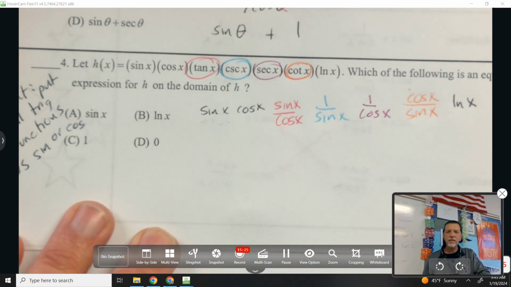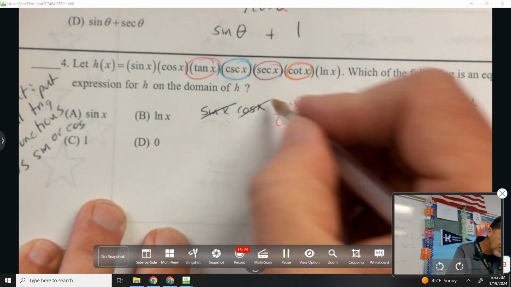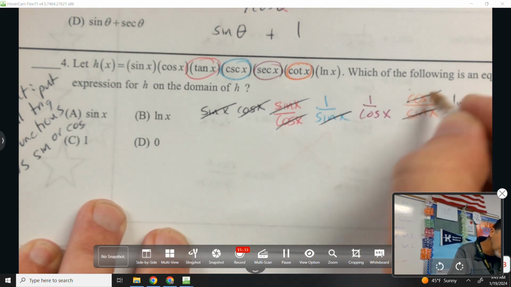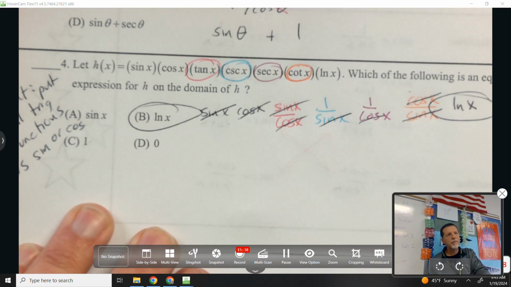Okay, let's see, what cancels? Sine and sine, cosine and cosine, another sine and sine, and another cosine and cosine, so all of that just equals natural log of x. It's a lot of work, but a lot of that stuff canceled out.